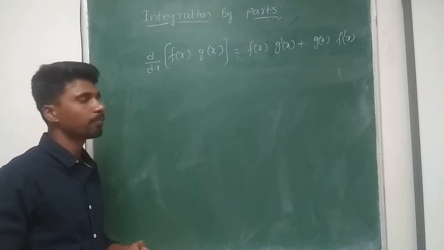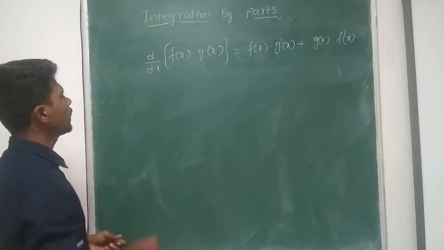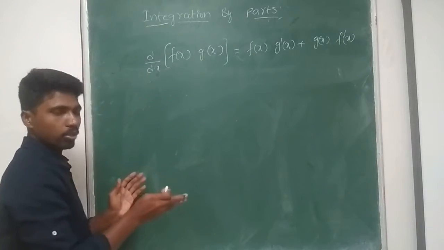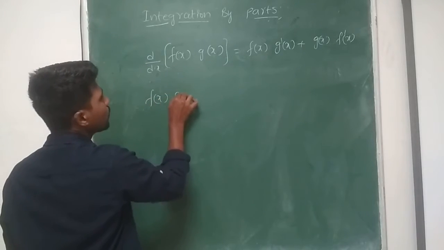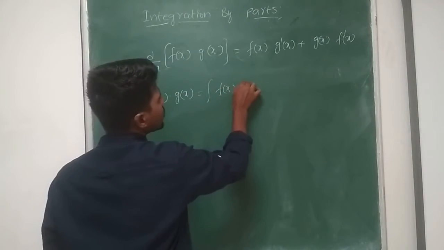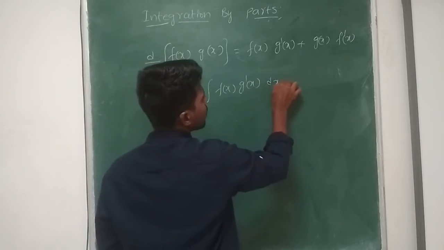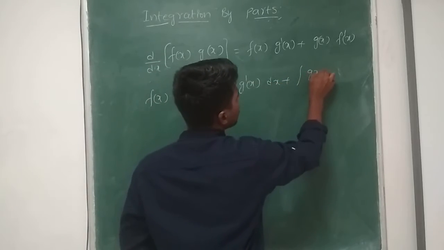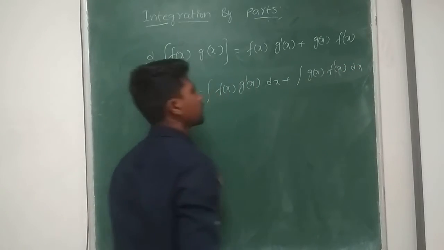Then what I have to do? I have to apply integration on both sides. So if I apply integration, integration and differentiation are inverse, so they get cancelled. I get on the left side f of x into g of x, which is equal to integral f of x into g dash of x dx plus integral g of x into f dash of x dx.